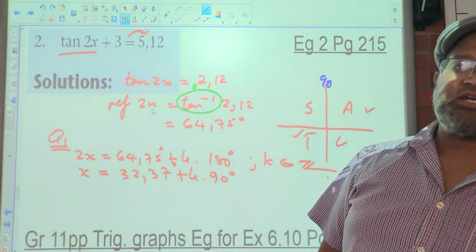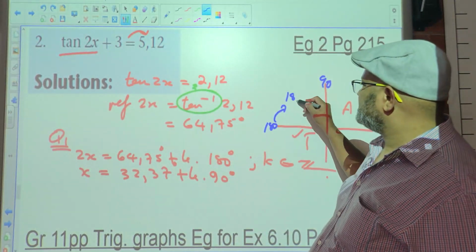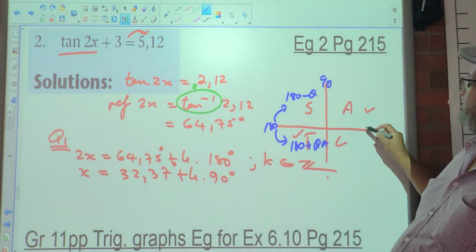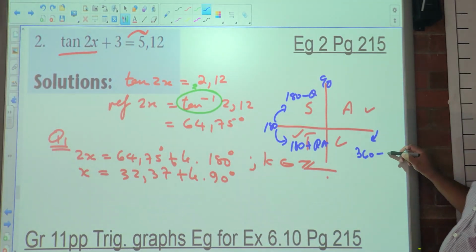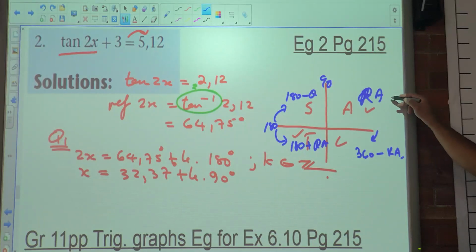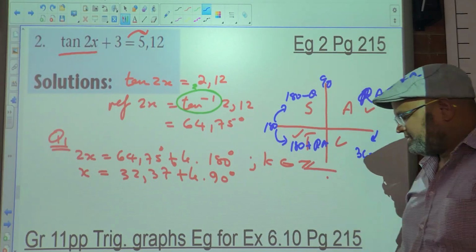So if I'm you and you work in general solution, always work with 180 minus and 180 plus your reference angle, or 360 minus your reference angle. That's going to be safer for you. And if it's in that quadrant, it's just the reference angle. Don't be brave and use 90 and 270, because everything in trig will go the other way around.